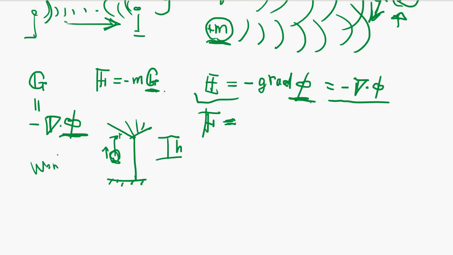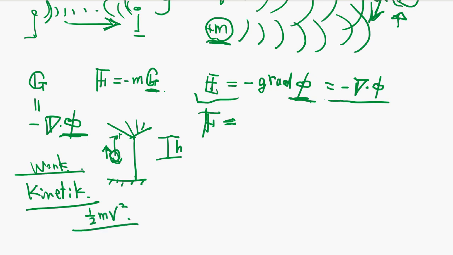You talk about the amount of work, this potential energy versus kinetic energy. Remember, it's mv square, right? This kinetic energy versus potential energy, h times f.